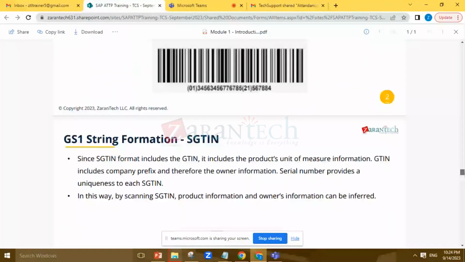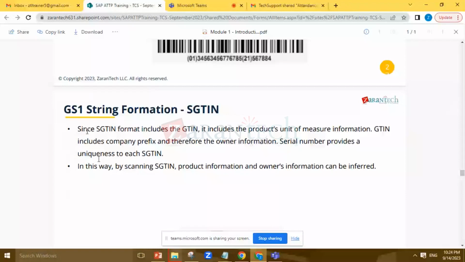Since we already discussed this topic, the GTIN format includes the GTIN, which also includes the product information, and the GTIN includes the prefix as well. So you will know what material, what product, and what manufacturer is involved.